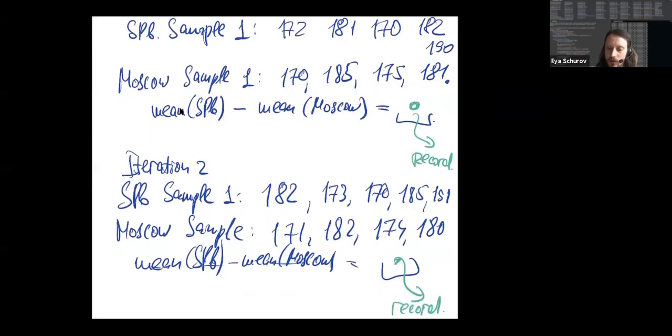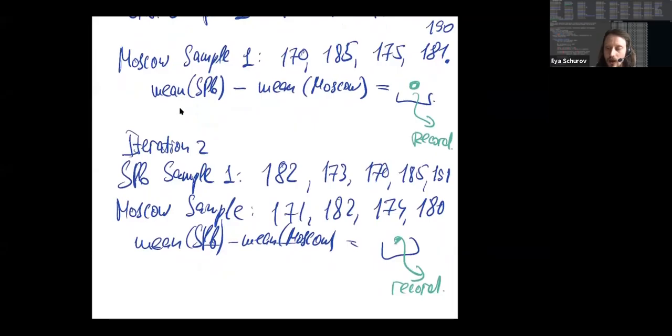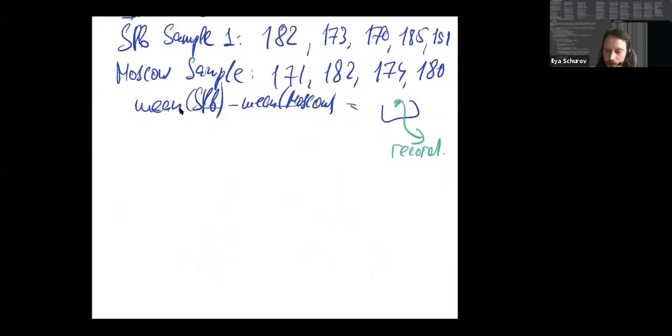The result of our experiment is this difference between means. And then we have these virtual simulated differences between means, and we draw the distribution of these differences.